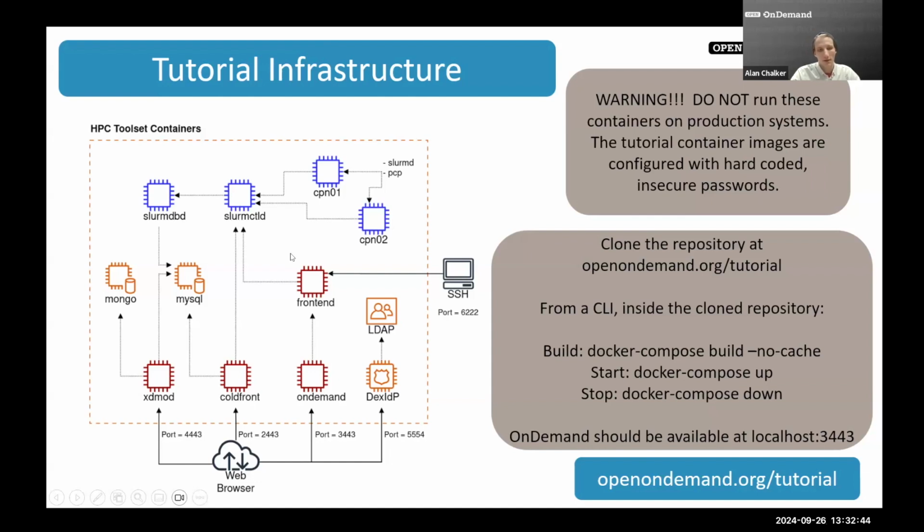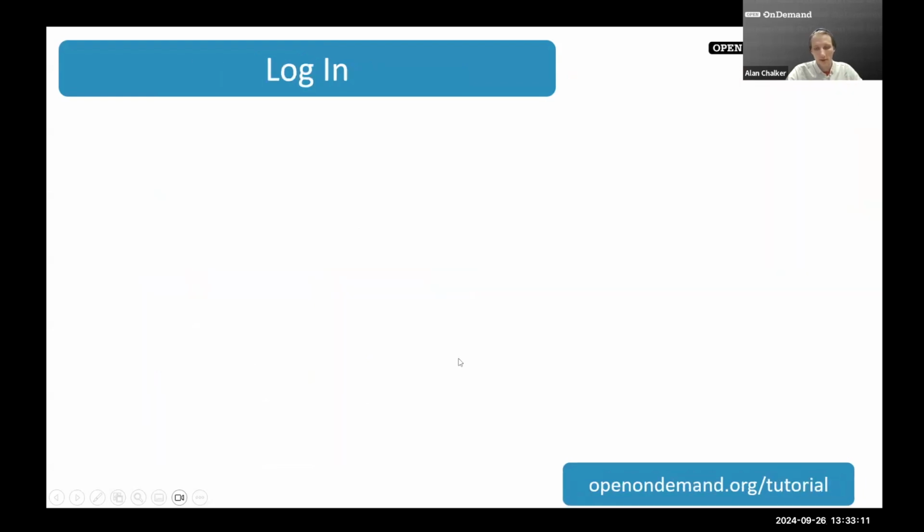So we're making a generic demonstration of what all this stuff is. And cpn01 would be the HPC resources your users would be accessing. So if there was a classroom and they wanted to use Jupyter, the executing process of Jupyter would be on one of these CPN nodes, and it would happen because it was scheduled by the controller process that got the info from OnDemand.